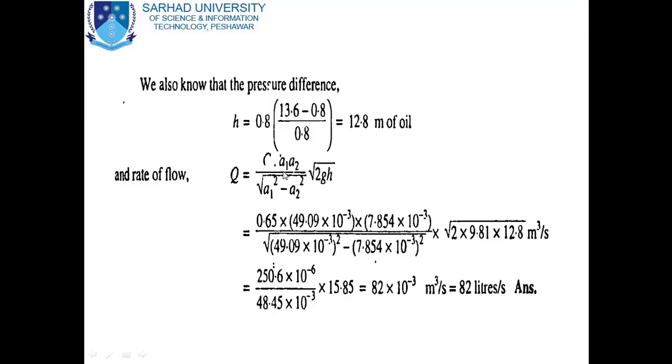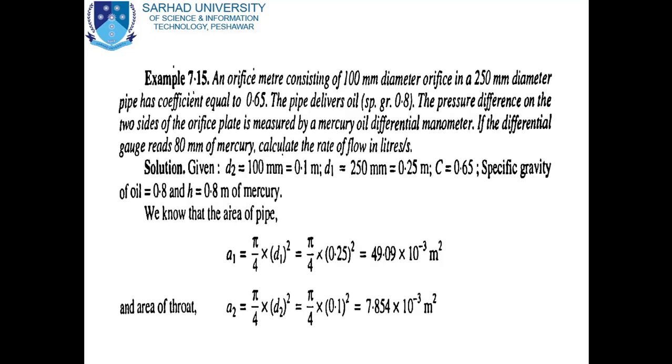Now we also know that the pressure difference H is equal to 0.8 into (13.6 minus 0.8) divided by 0.8. Here the calculation is done with 0.8, so take this value as 0.8 and also make it 800.